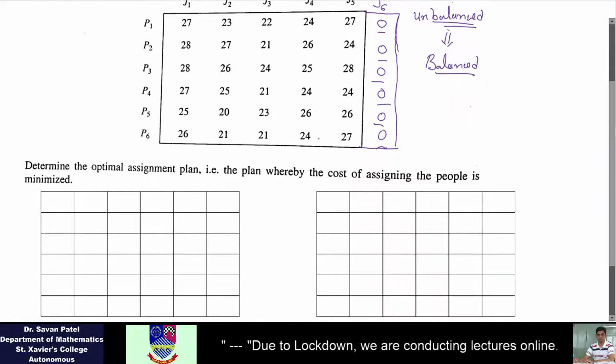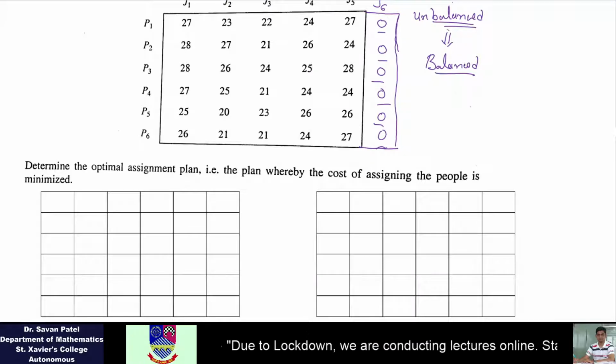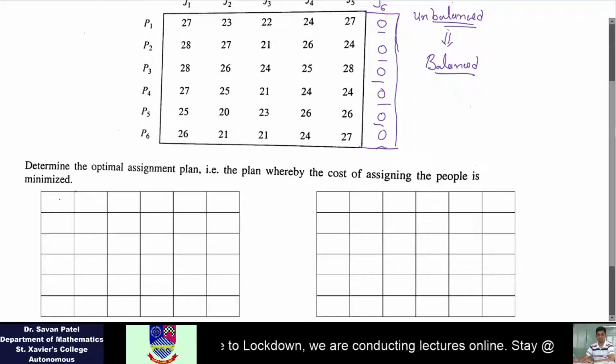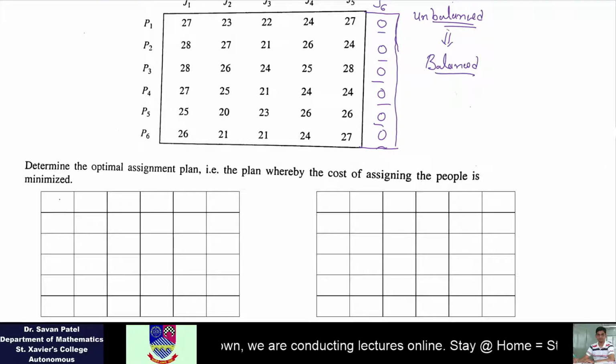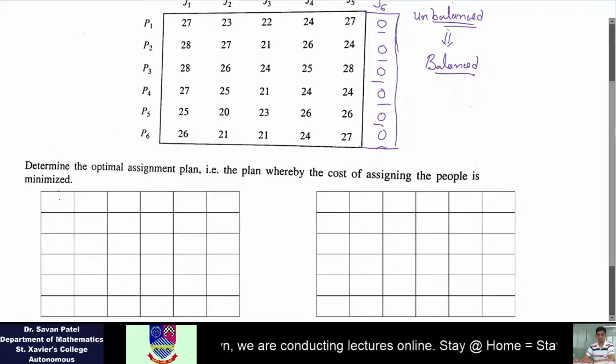So my next table, I am writing here below. Here this column minimum is 25, so subtract 25 from each and every entry. So my entries, let me write with another color: 27 minus 25 is 2.